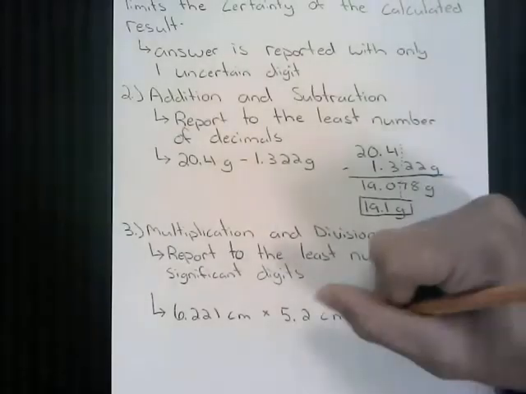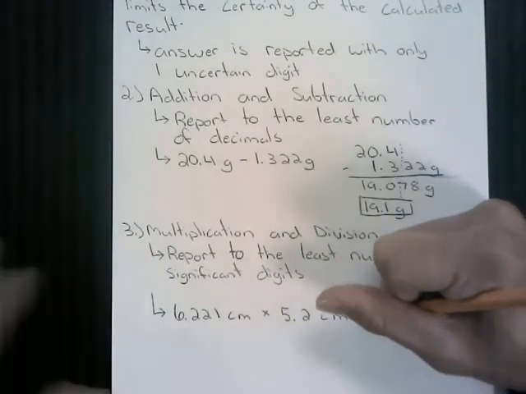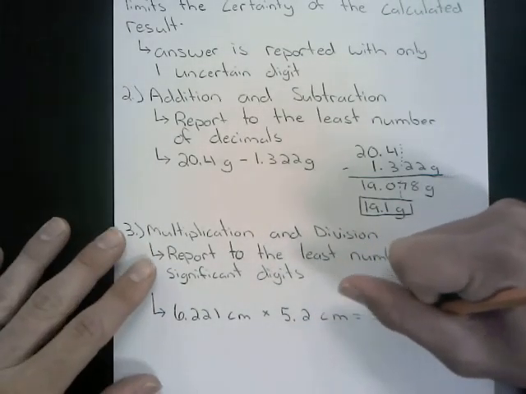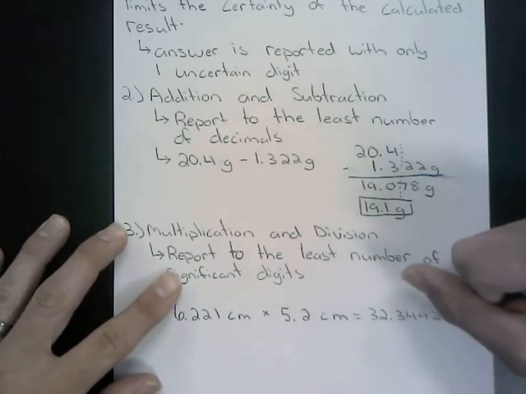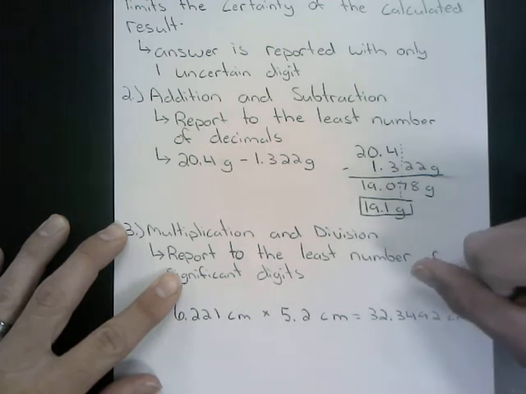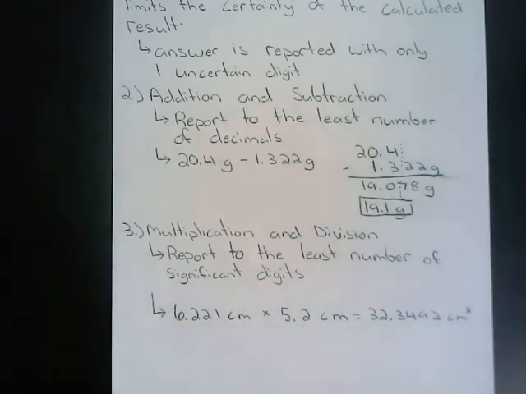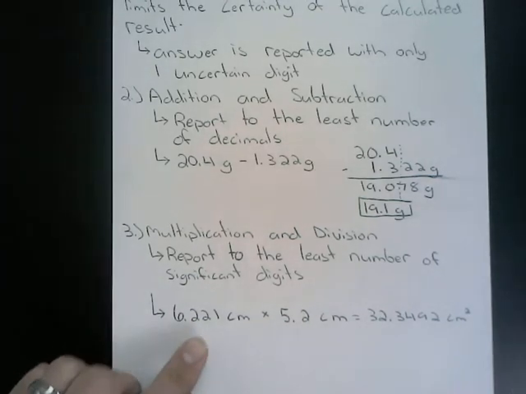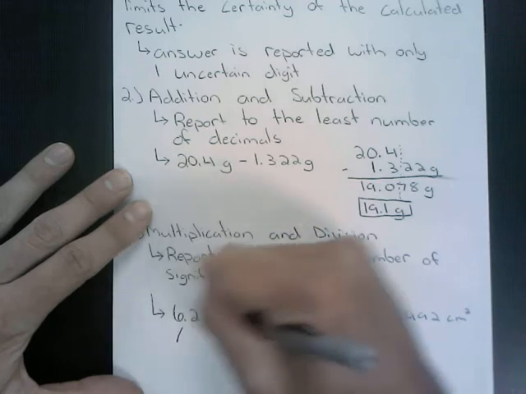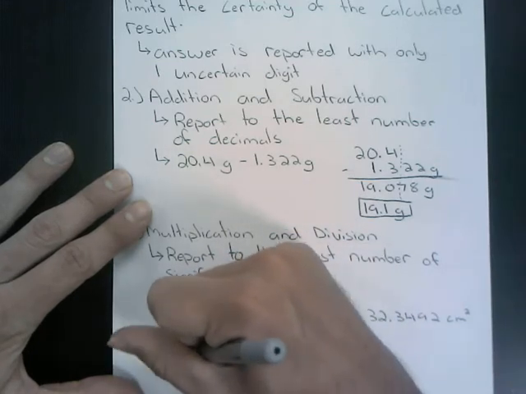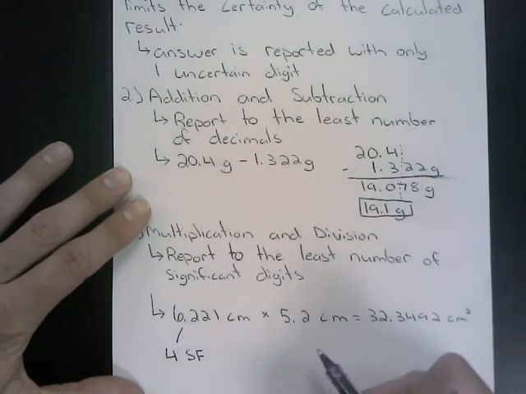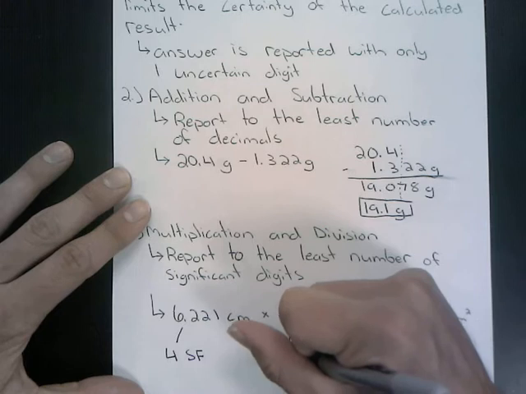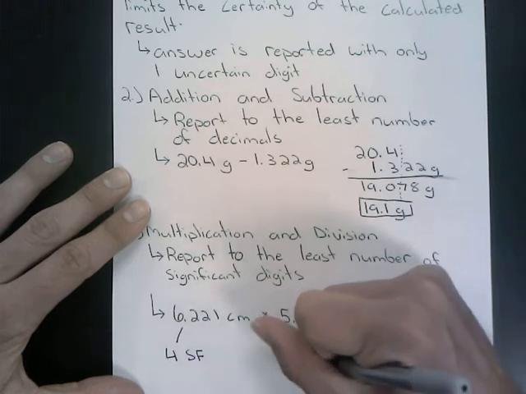32.3492. This would be squared centimeters. And then we need to talk about, well, where do we round? Well, we count our significant digits. 6.221 has 4 significant figures, and 5.2 only has 2 significant figures.